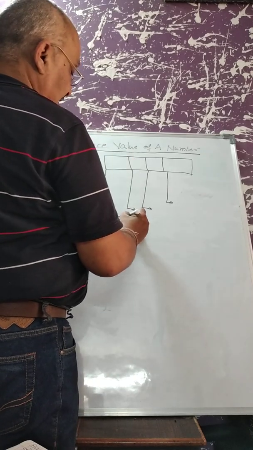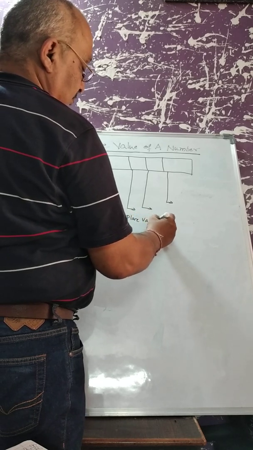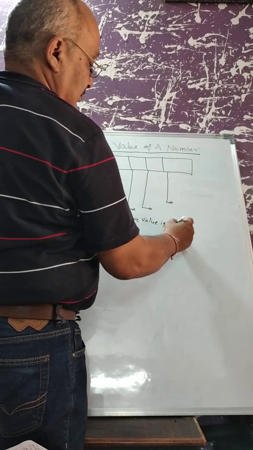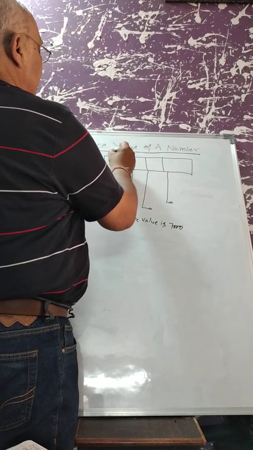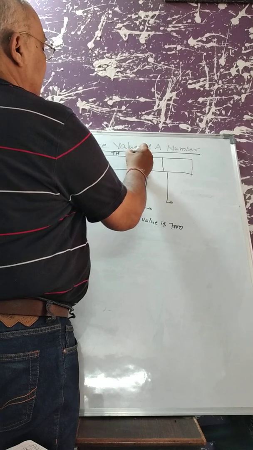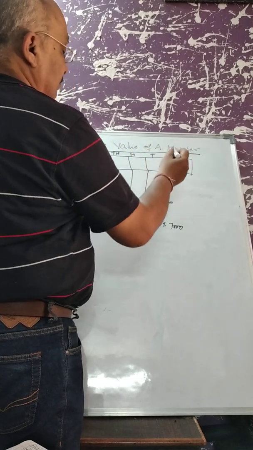Here the place value is 7,000. This is at the place of 1000. This is at the place of 100. This is at the place of tens, and this is at the place of ones.